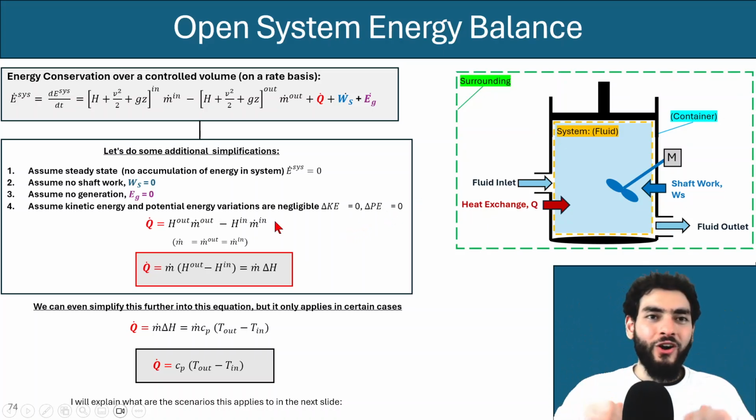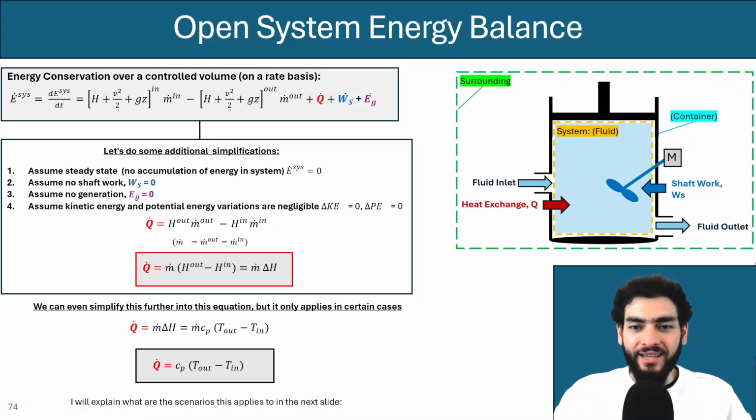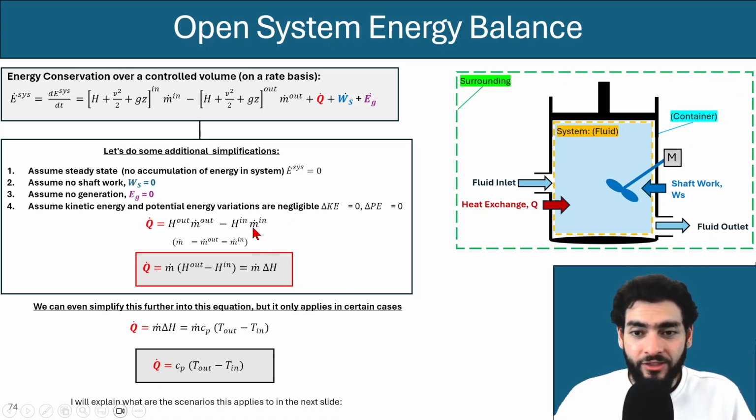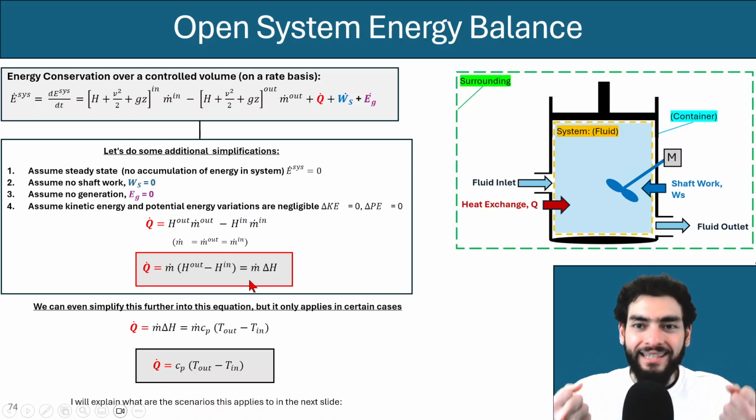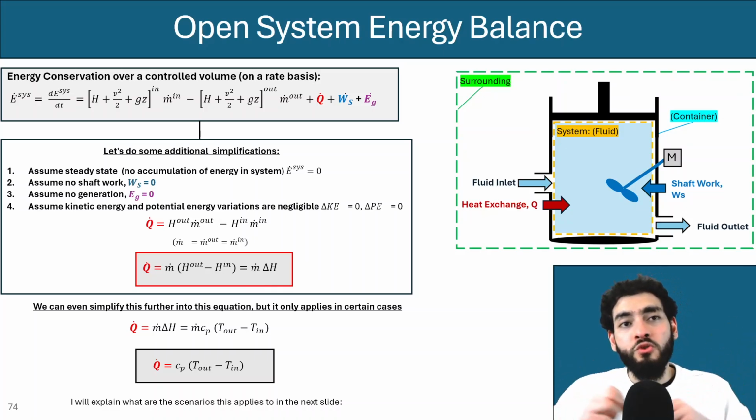Okay, so after doing all of these simplifications, what you have left is the energy coming into the system in terms of enthalpy, and the energy leaving the system in terms of enthalpy is what results in heat that can be either added to the system by the surroundings or removed by the system to the surroundings.